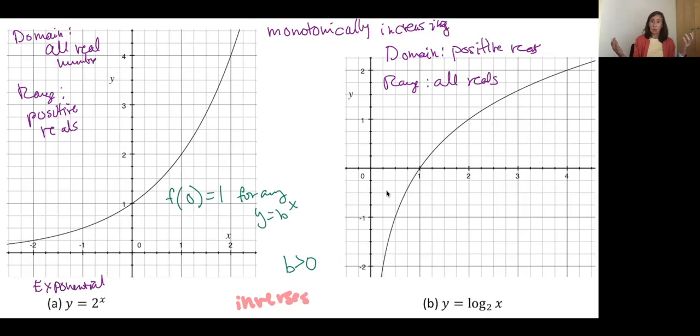That is a direct result from the rule of exponents that says for any positive number, you raise it to the power of 0, you get 1. So no matter what base we have, the exponential function is going to pass through the point x equals 0, y equals 1. And because they're inverses of each other, for any log function, f of 1 will be 0.